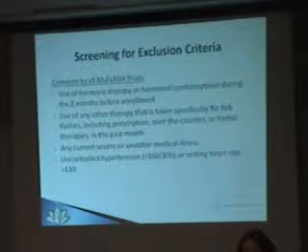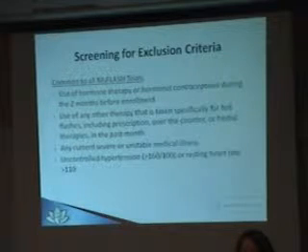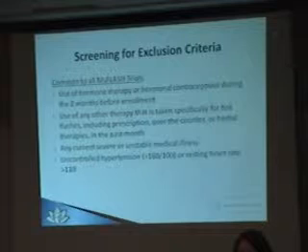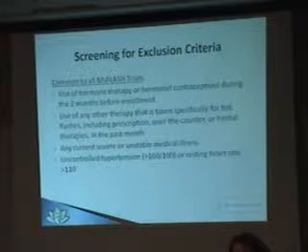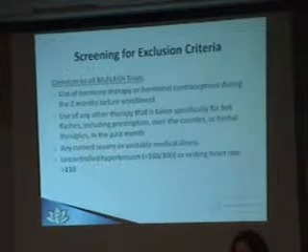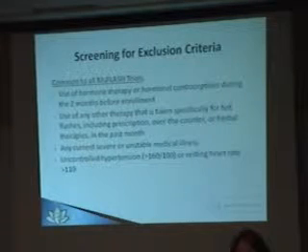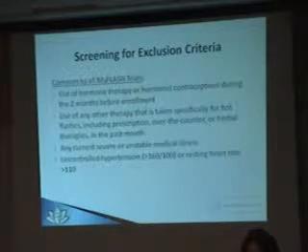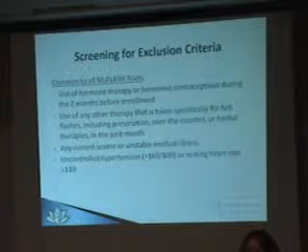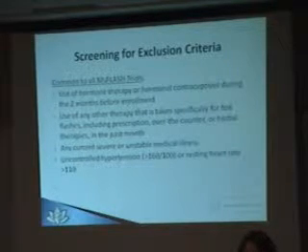Some of them are on the Form 101, which is the first eligibility pre-visit questionnaire they're going to fill out, and we'll talk about that in a minute. Some of the things are on the hot flash diary, some of them are in the safety labs, but all of this has been designed so that by the time they're randomized, you've had a measure of all the inclusion and exclusion criteria to ensure that the woman is eligible for the study.